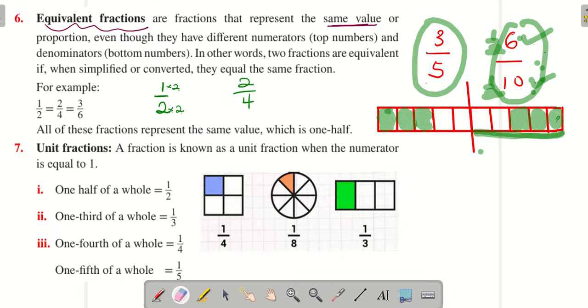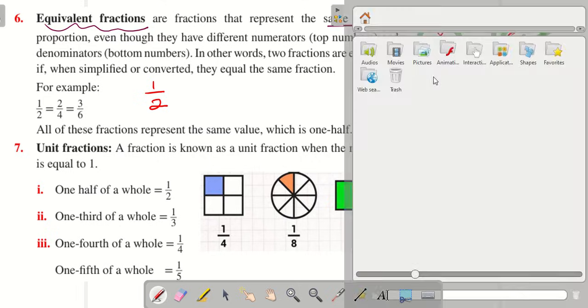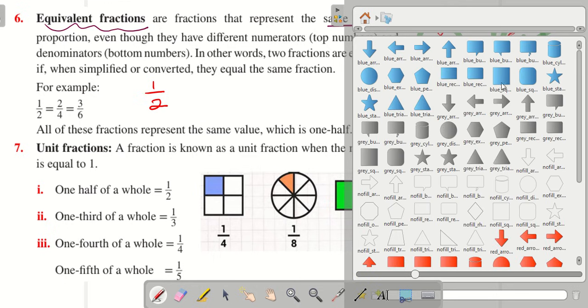The other concept is that imagine when you take 1 over 2, it is just like having 1 orange. Let me use a circle for clarity.